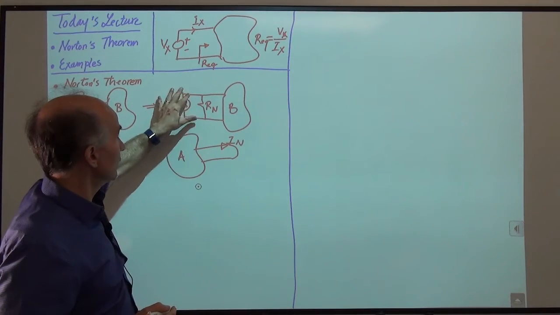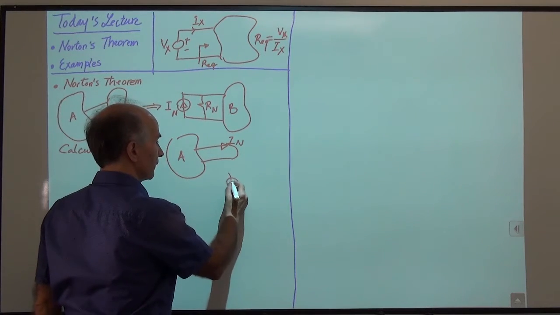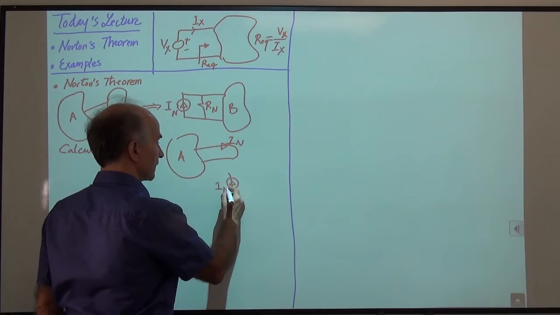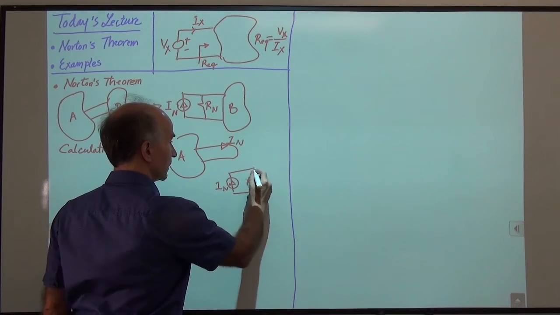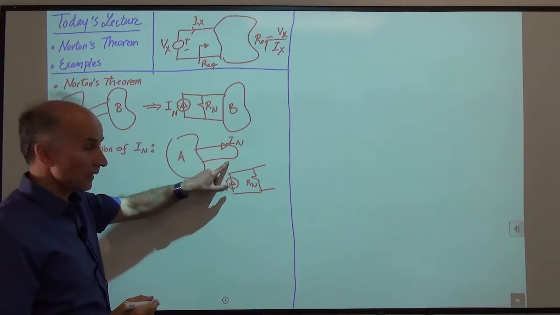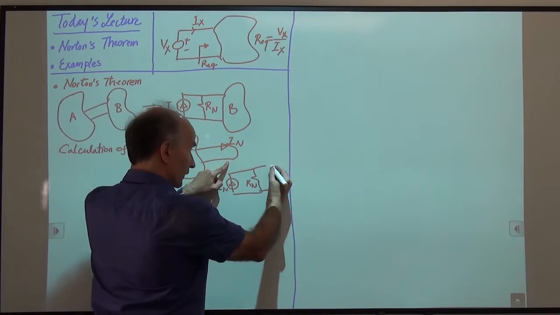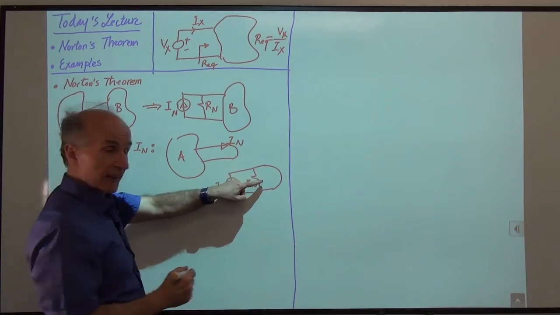Well, if I copy this model over here, presumably this and this are equivalent, right? So if I place a short circuit here, I should be able to place a short circuit here. If I measure a current here, I should be able to measure the same current here.